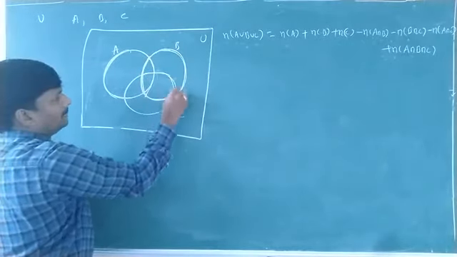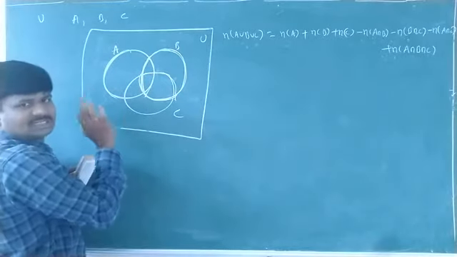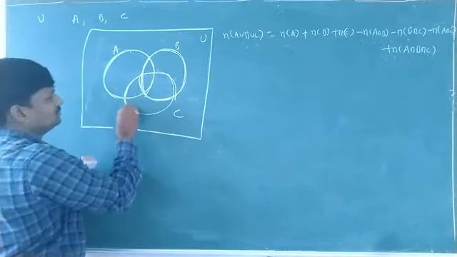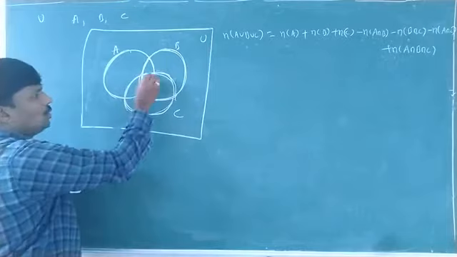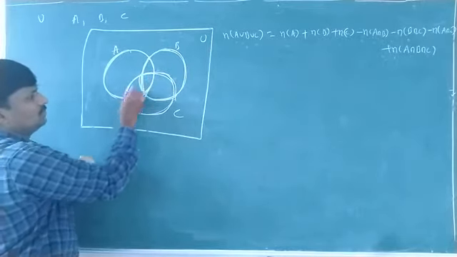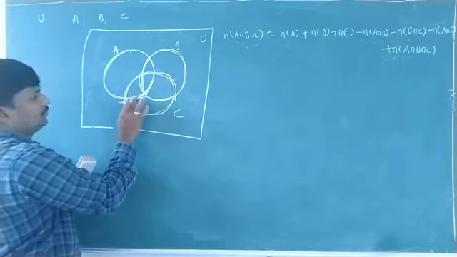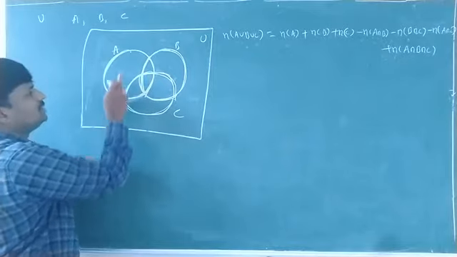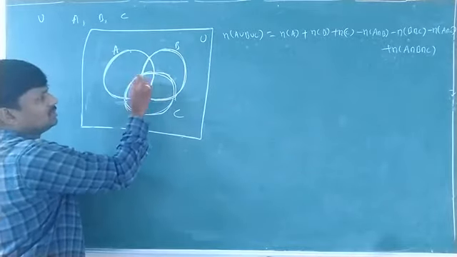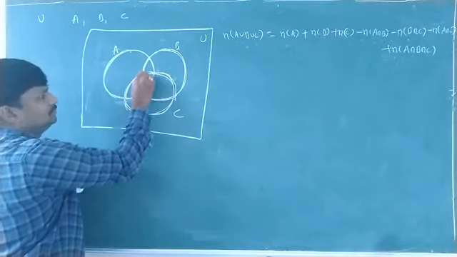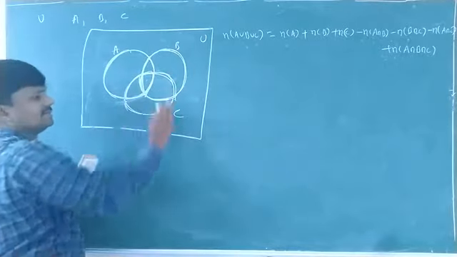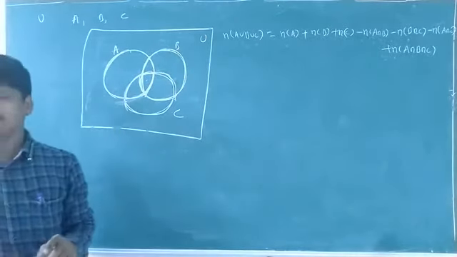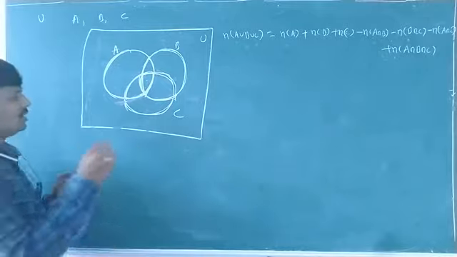This one and this one, B intersection C. What about this one? Set C. What about this part? This part, A intersection C. What about this common part? A intersection B intersection C. Remember.